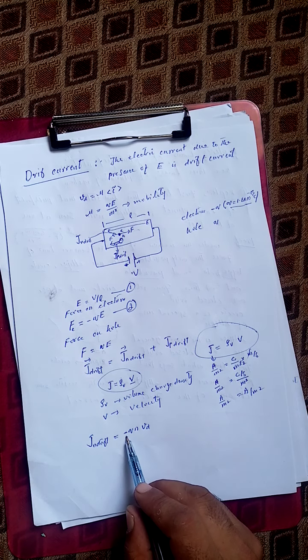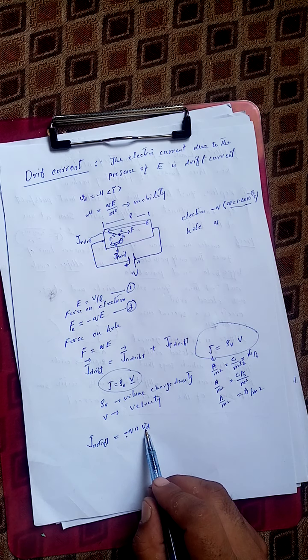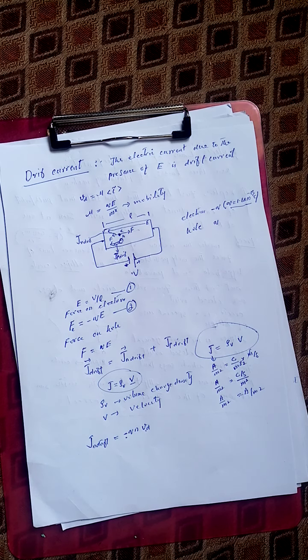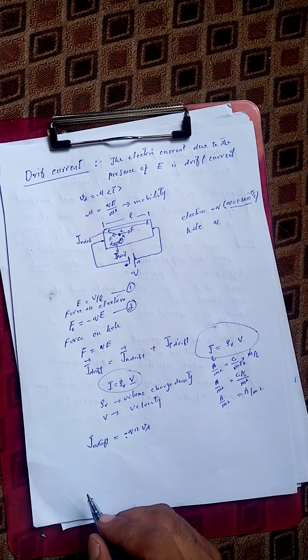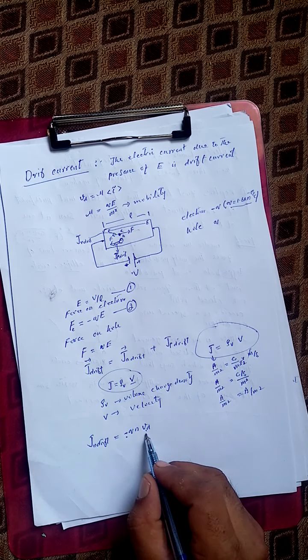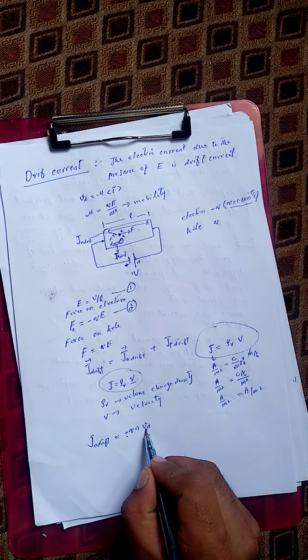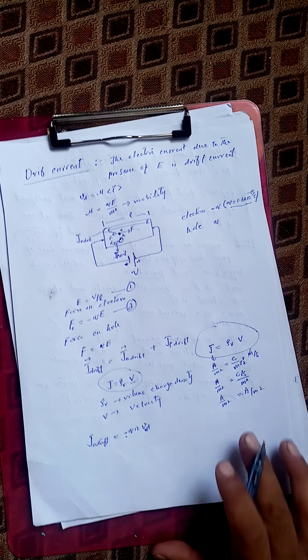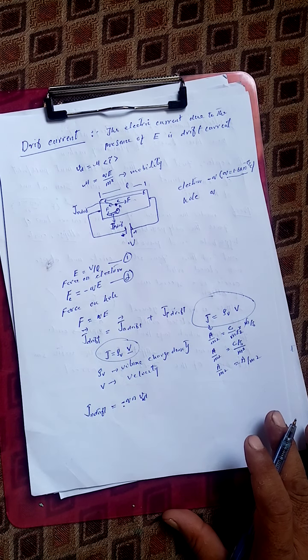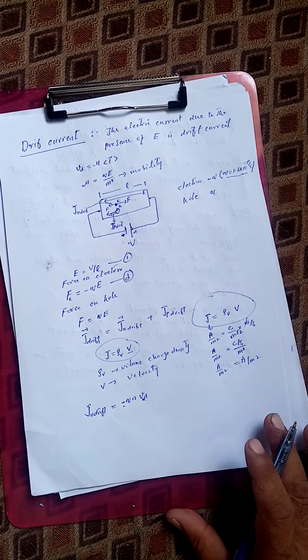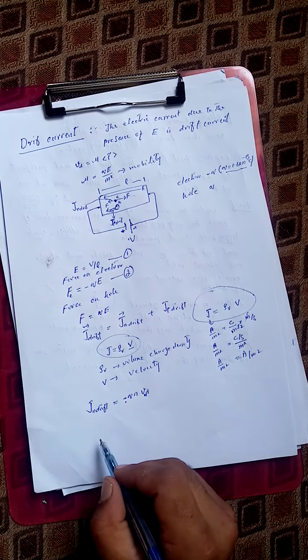Here the negative sign shows that the drift current is in a direction opposite to the velocity of electron, and v_dn is the drift velocity of electron.